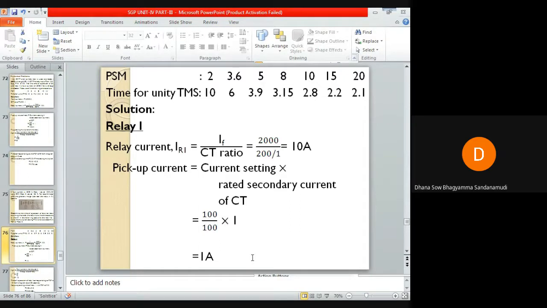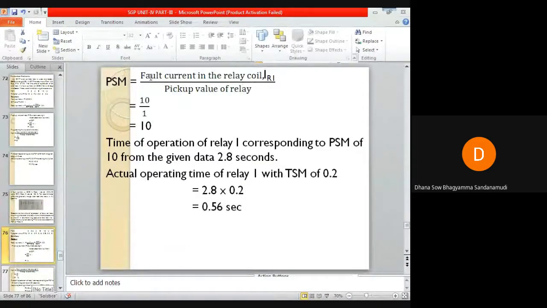Completed? Very good. Now the plug setting multiplier value is the fault current in the relay coil divided by the pickup value of the relay. The fault current in relay coil 1, that is IR1, is 10 amperes, and the pickup value of the relay is 1 ampere.